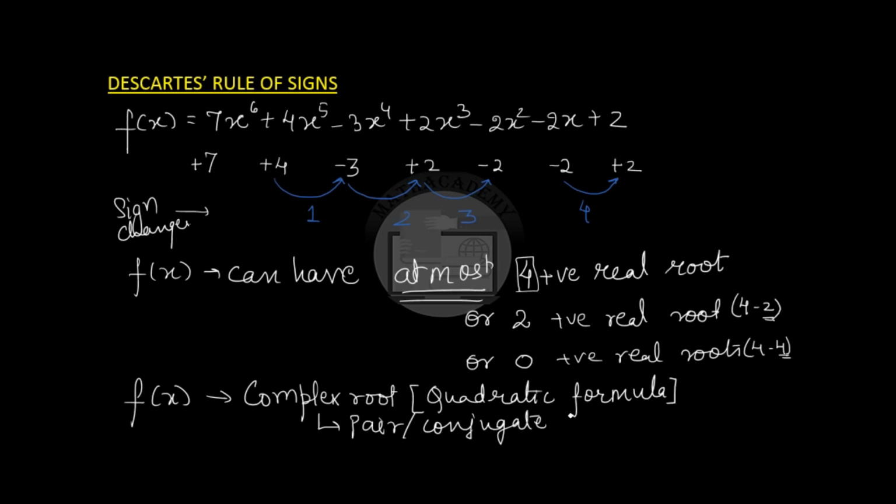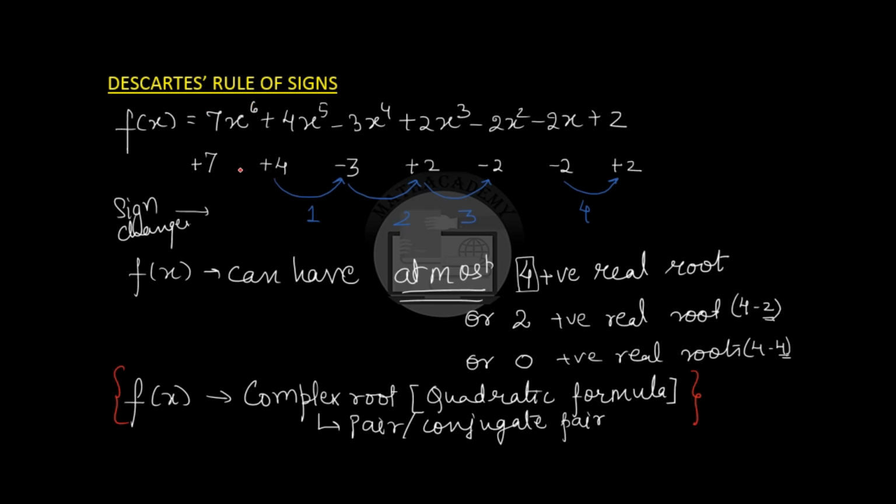So there will always be 2 complex roots or 4 complex roots or 6 complex roots. So to take care of this condition, we always subtract the even numbers from the maximum number of sign changes. So to determine the maximum number of possible real roots, or the possible numbers of positive real roots, we find the sign changes in f of x.